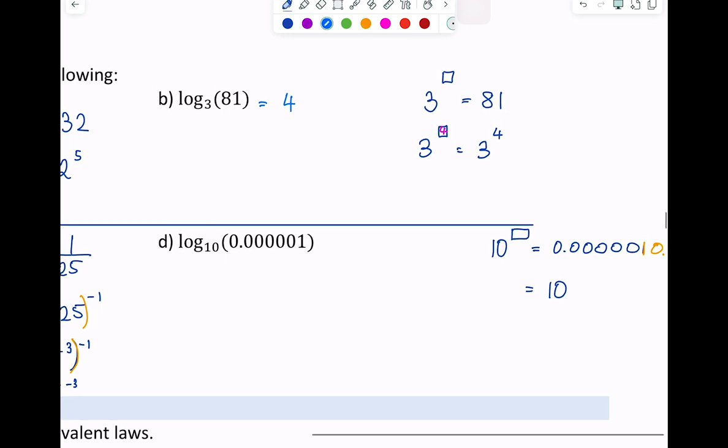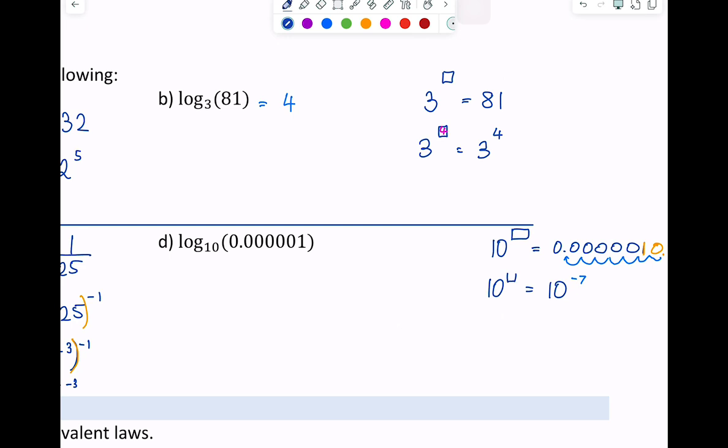What we're going to ask ourselves now is how many decimal places do we move to the left? We've got 1, 2, 3, 4, 5, 6, 7 spots, which means that this is 10 to the power of negative 7. So if you type 10 to the power of negative 7 into your calculator, you should get that value.